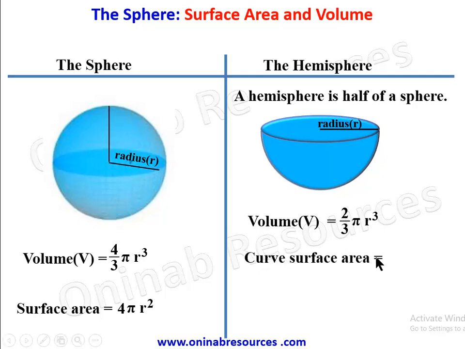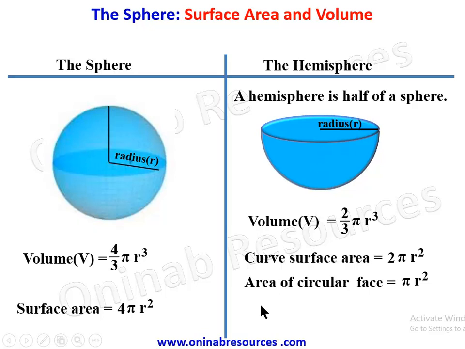Also, for the curved surface area, a hemisphere has two faces, the curved surface and the circular face. The curved surface area is 2 pi r squared, which is still half of the surface area of the sphere, while the circular face is pi r squared.